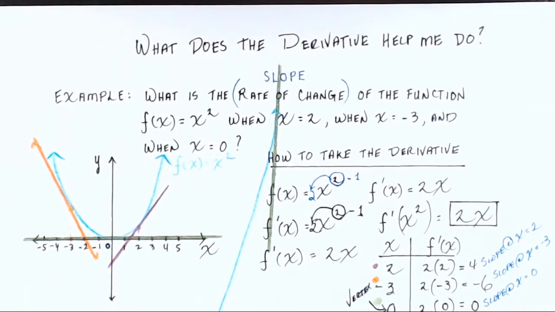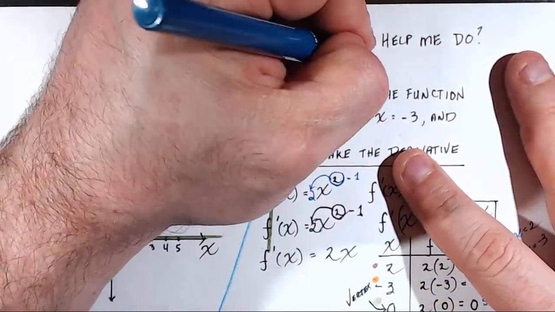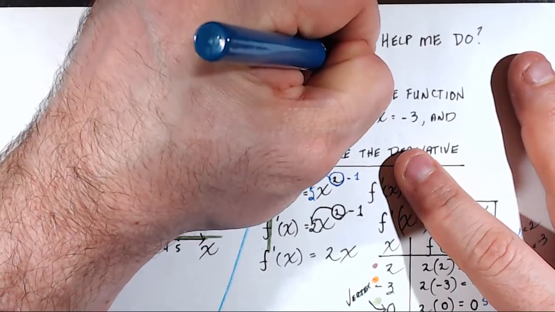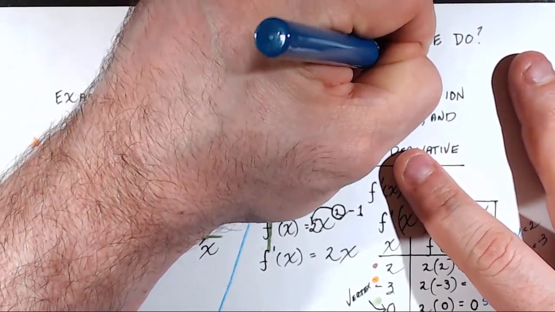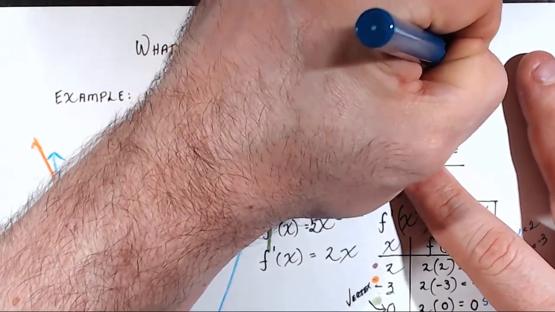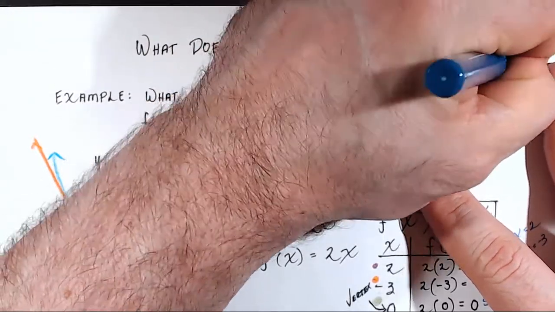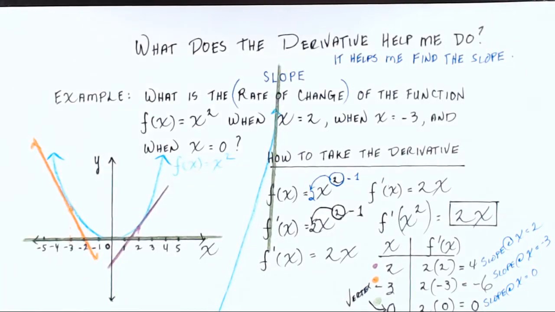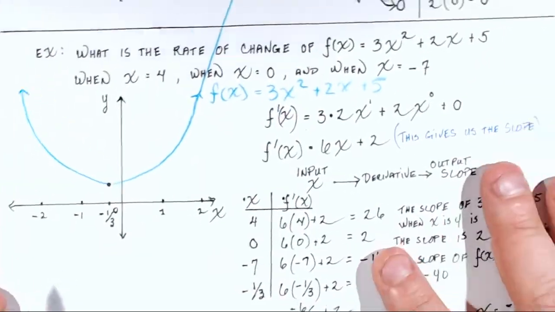The derivative helps me find the slope. Okay? So question, answer. The derivative helps me find the slope. And how do we take the derivative? That's another question. How do I take the derivative? Well, remember, the method for taking the derivative.